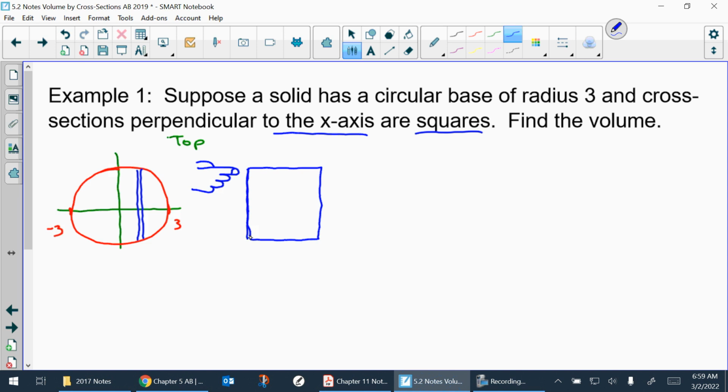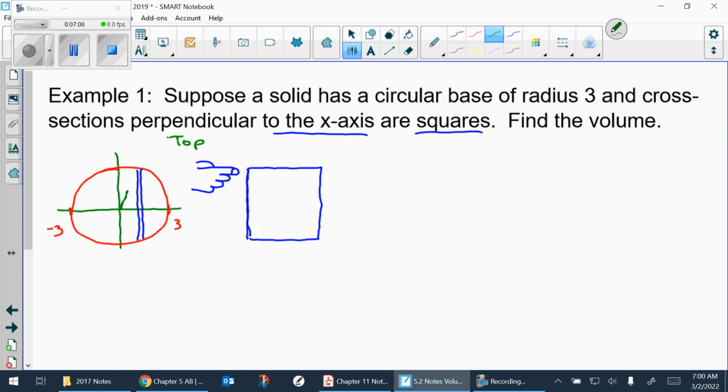Now the key here is for me to find the area of this square. If I can find the area of this square, I'm in good shape. So let's see, what do I know? Well, I know that the radius of this circle, if I draw a radius from the center out to the edge of my slice, is 3.